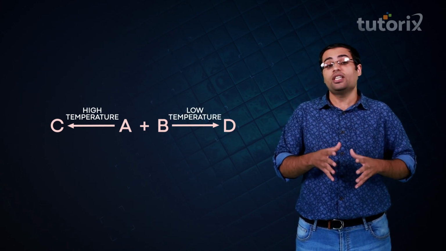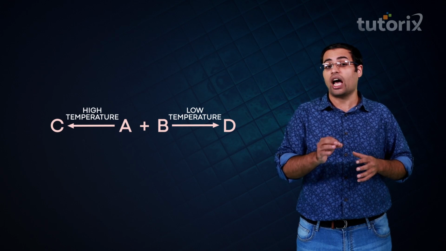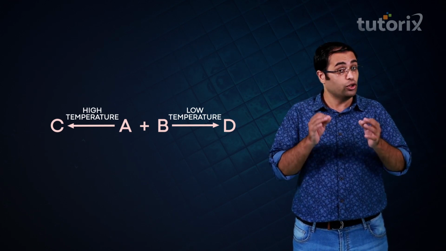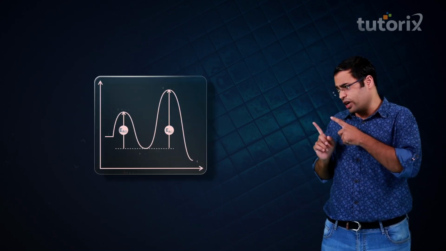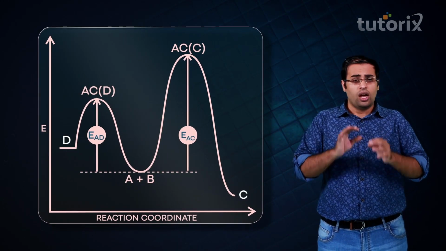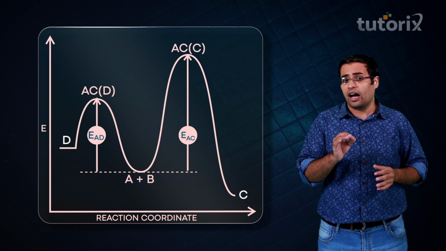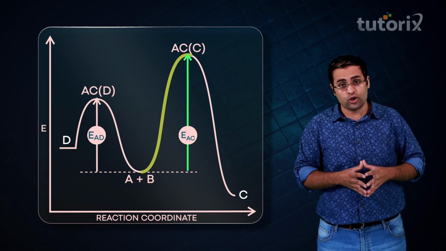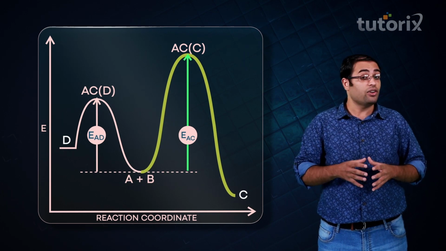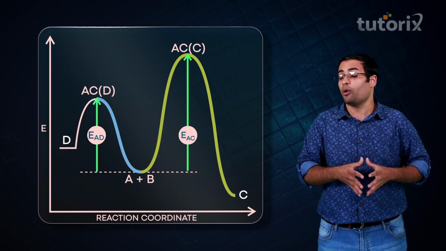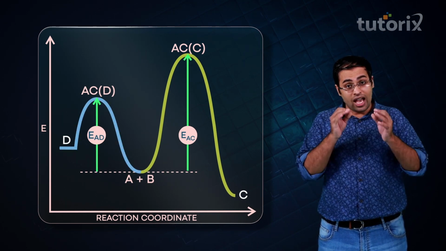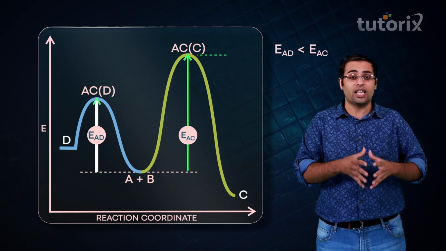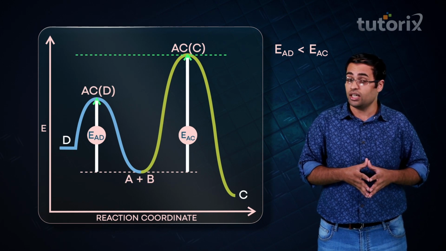To understand the reason for this, we first need to plot a graph that tells us the energy profile of this reaction. And if we do that, that graph will look somewhat like this. Now carefully notice that in this graph, we have marked the activation energy EAC leading to the formation of product C and the activation energy EAD leading to the formation of product D. And the activation energy EAD is less than the activation energy EAC.